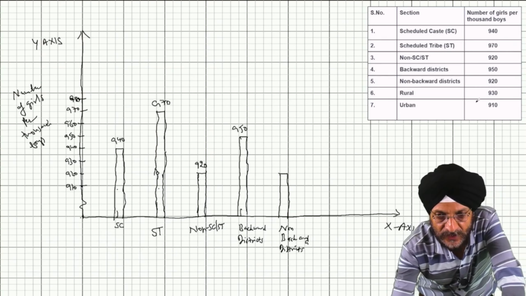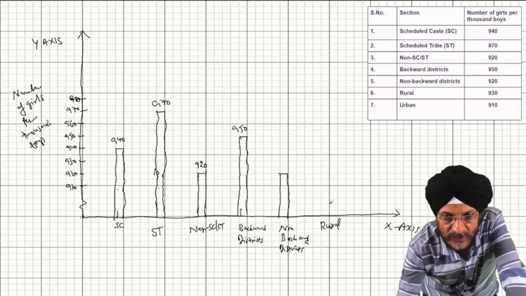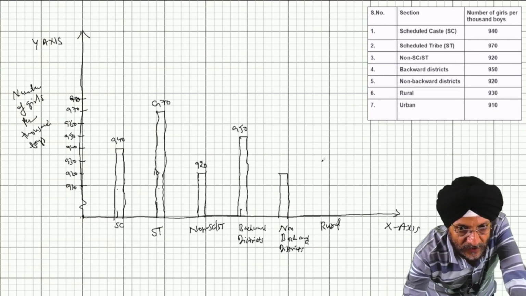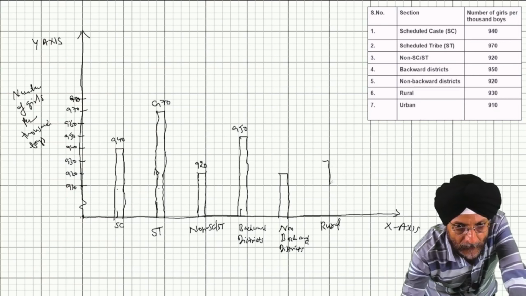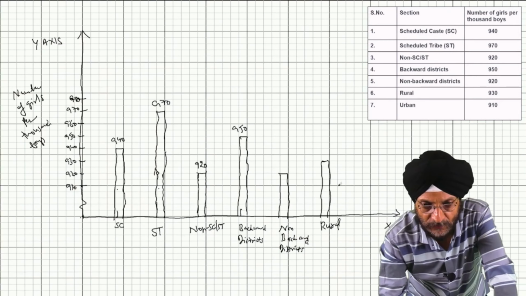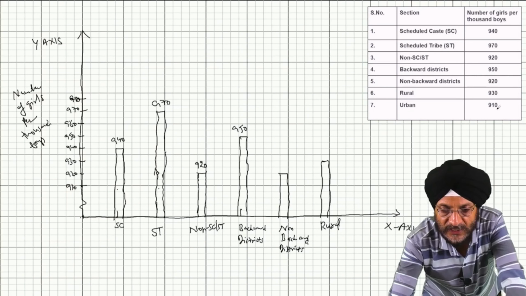Now another is rural. Rural is 930. 930 is here. We are drawing the bars in respect of the information which is obtained from the table which has been given to us in the examination.